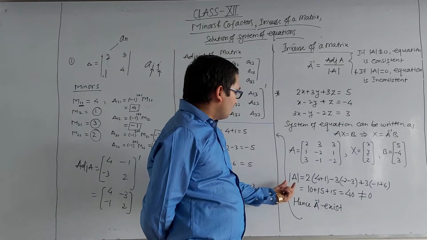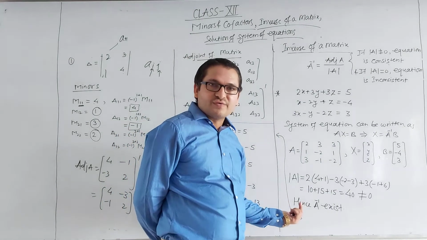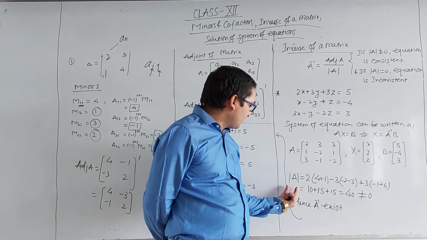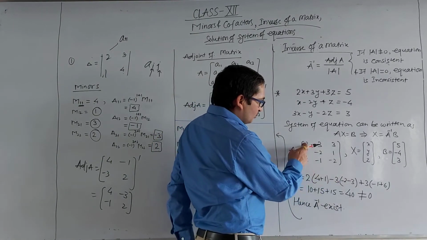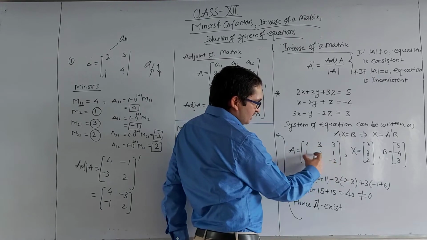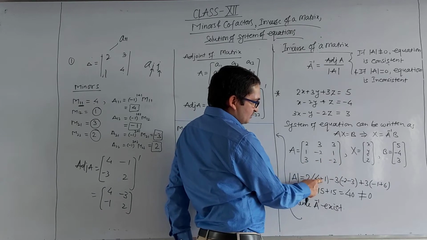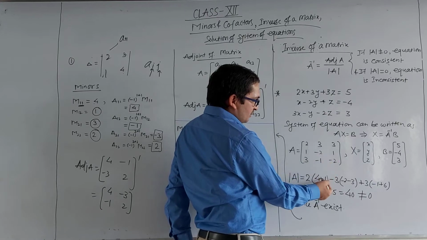Now first you need to check whether a solution exists or not. To check it, you need to find the determinant of A. Everyone knows how to do it. Just expand along 2, and then take this part: 2 into minus 2 plus 4, minus 1 into 1 into 1 minus 1, so plus 1.